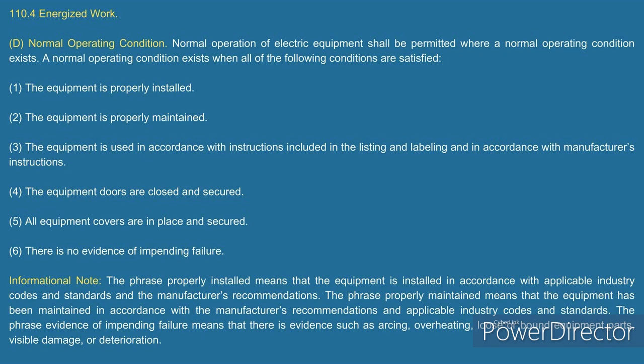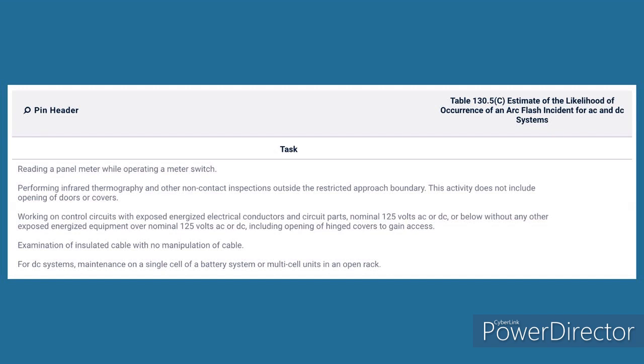Now, I want to show one more thing here. If you go over and look at table 130.5C, this is an estimate of the likelihood of occurrence of an arc flash incident for AC and DC systems. What this lays out is an understanding of things you'll be doing where you're going to have exposure to an arc.